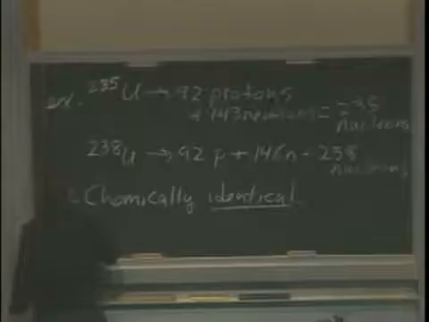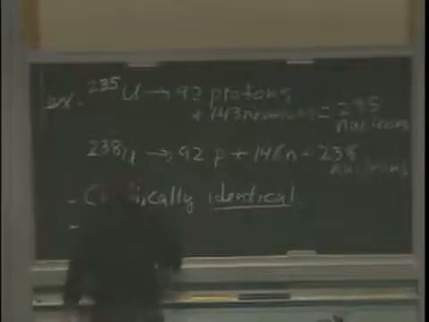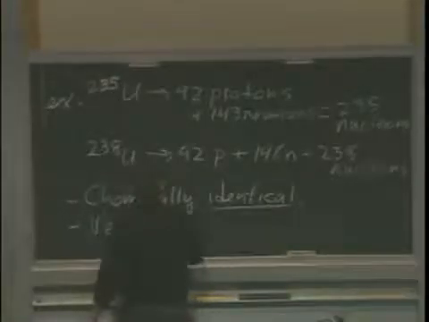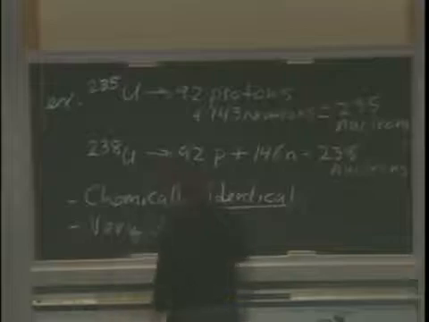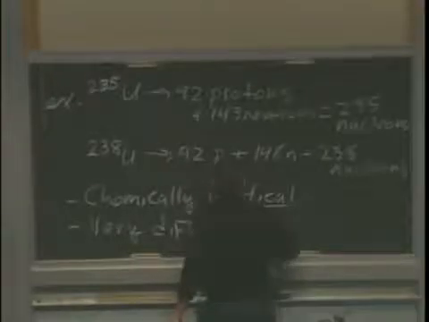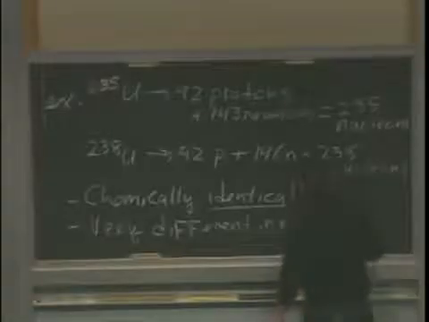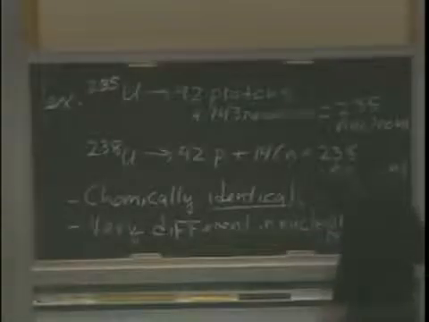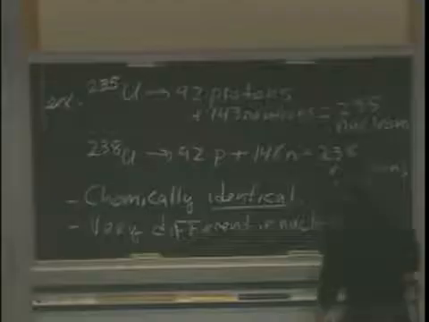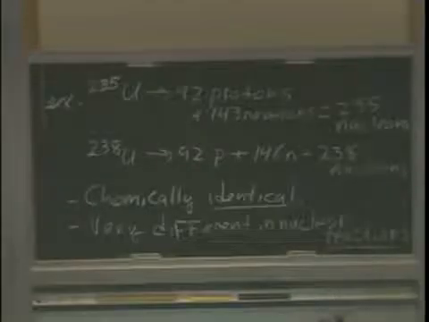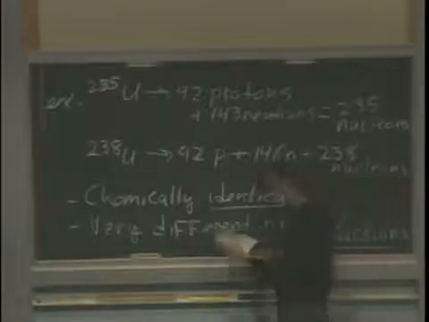So chemically, these are identical, but they are very different in nuclear reactions, which we will see. Chemically identical, but nuclear reactions are very night and day between these two isotopes.